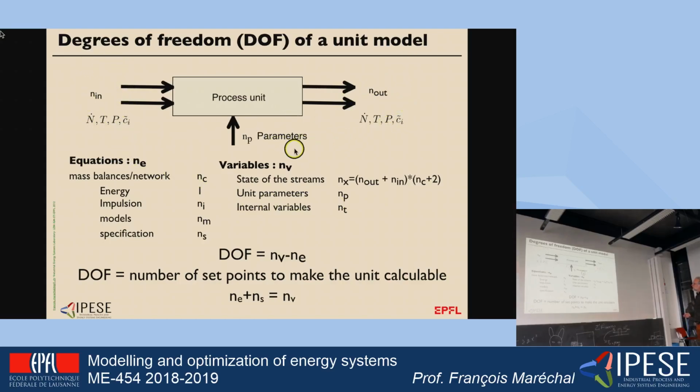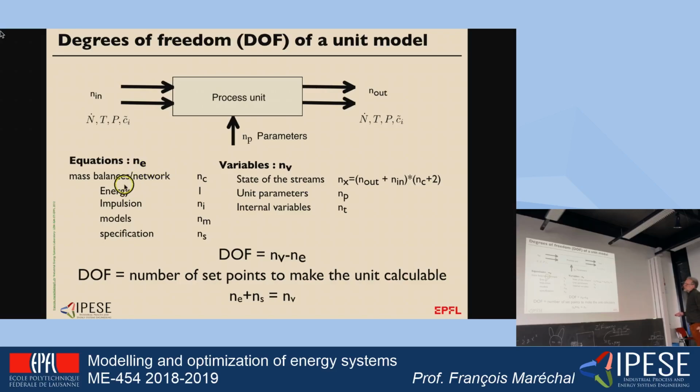I would like also to know the value of the parameters here. Okay, meaning that I will be able to calculate, as I was doing it before, the degree of freedom of the system by making the difference between what I would like to know, which is the number of variables, the value of all those variables, and the information that I have already, so the number of equations.